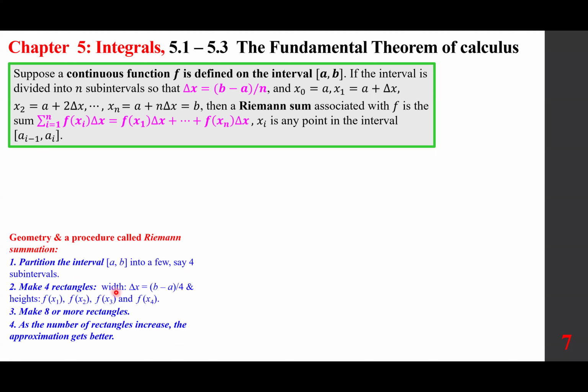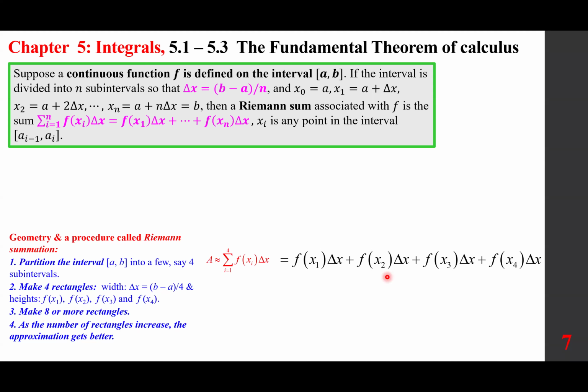Make 4 rectangles. The width is fixed as delta x equals (b minus a) over 4. The heights are f of x sub 1, f of x sub 2, all the way to f of x sub 4. We are using the right endpoints. Then change it to 8 or more. Eventually, as the number of rectangles increases, the approximation gets better.